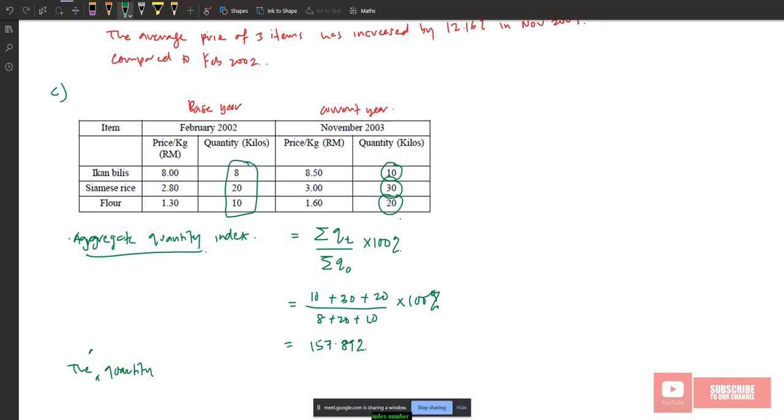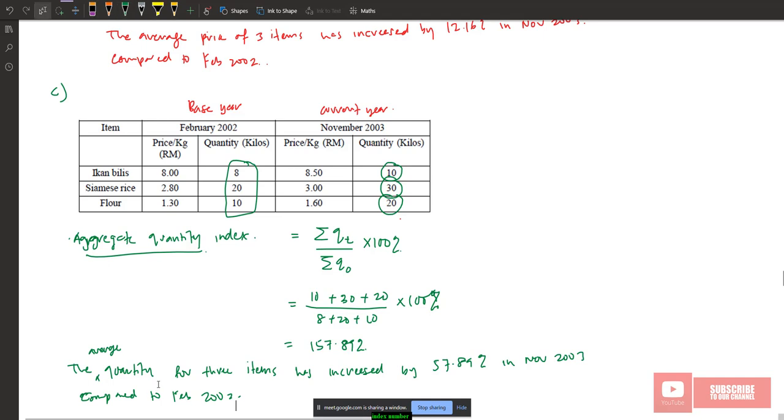So we can say the average quantity for 3 items has increased by 57.89% in November 2003 compared to February 2002, right?